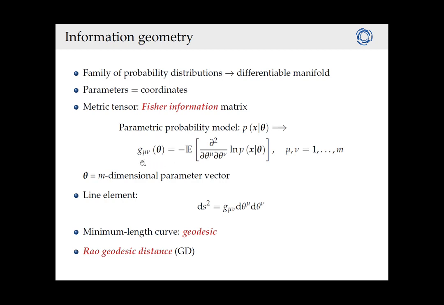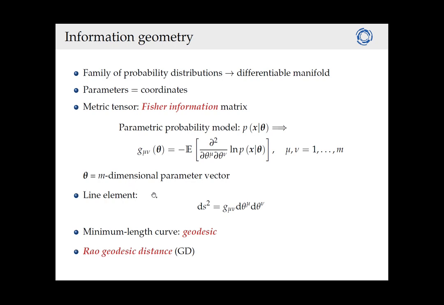That turns out to be valid, to have the properties of a Riemannian metric tensor on the corresponding space of probability distributions, characterized by that parameter vector theta.